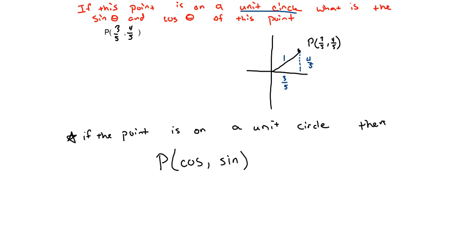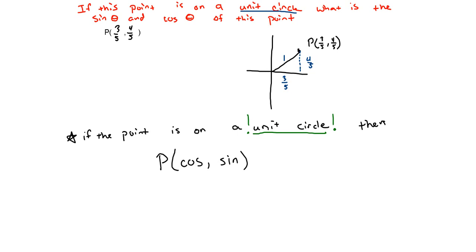Now I want you to remember this has to be on a unit circle in order to do this little trick. But if it says the point's on a unit circle, then this trick works every time.